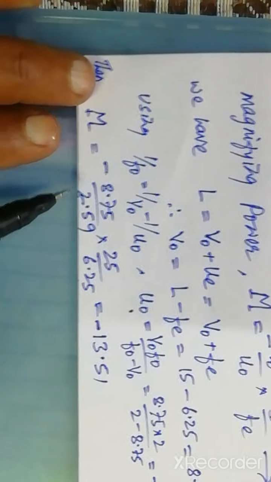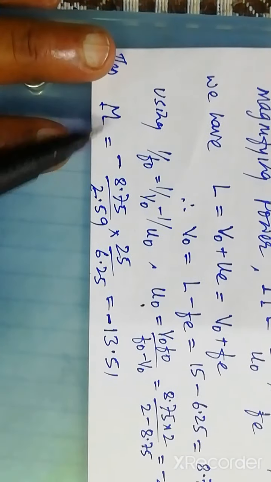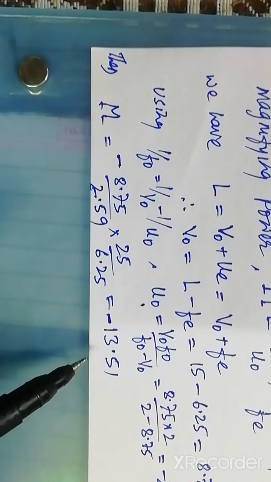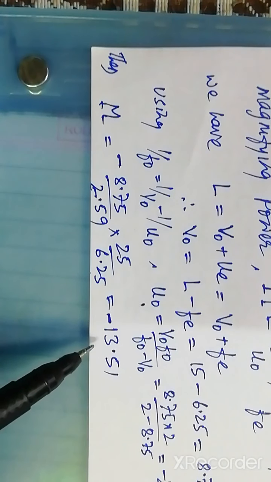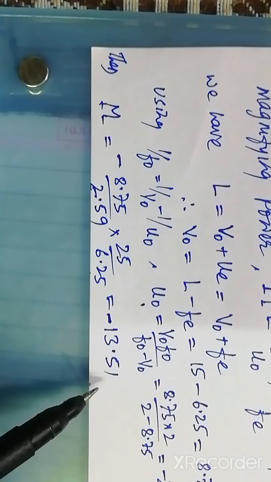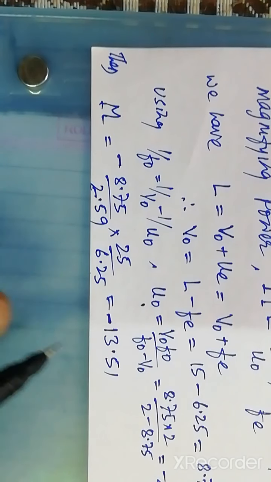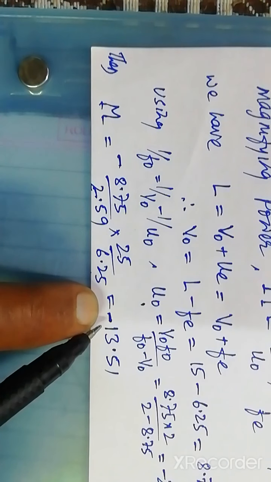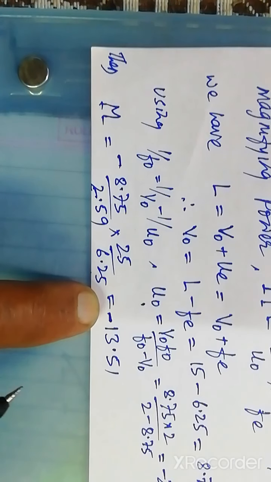Substituting the values, the magnifying power comes out to be minus 13.51. The negative sign signifies that the final image is always an inverted image.